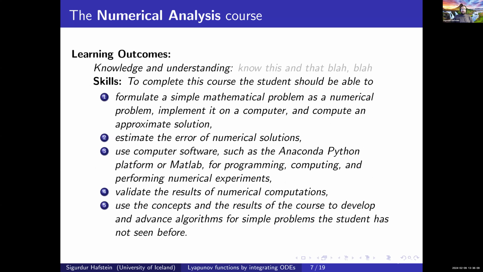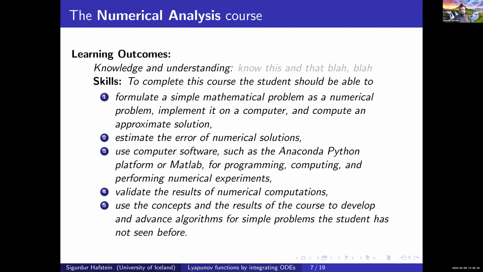And then we define learning outcomes. So they should have some knowledge and understanding. They're supposed to more or less know the stuff we did. But the skills are, so to complete this course, the students should be able to formulate a simple mathematical problem as a numerical problem, implement it on a computer and compute an approximate solution.